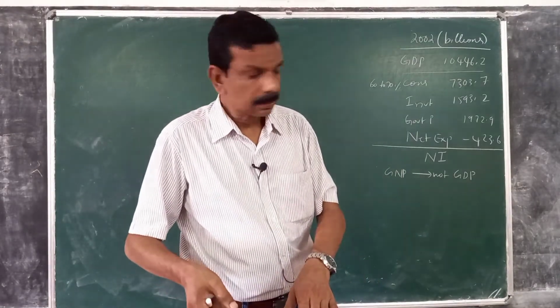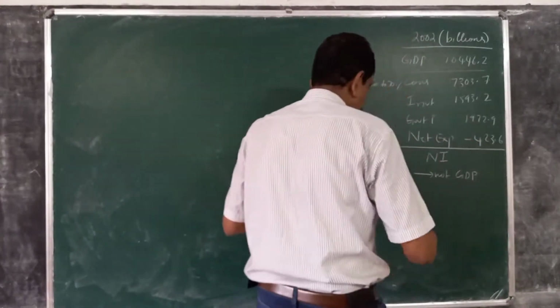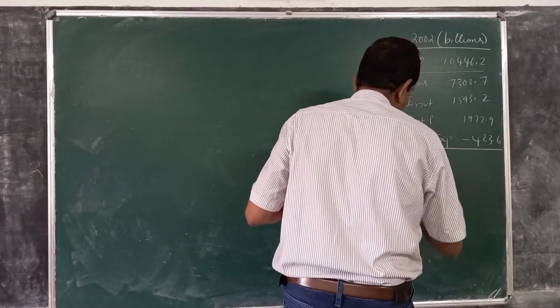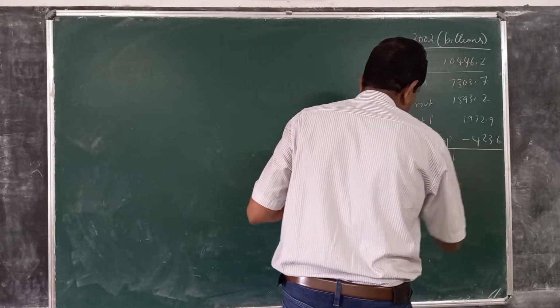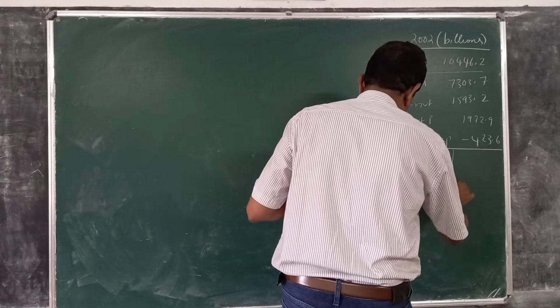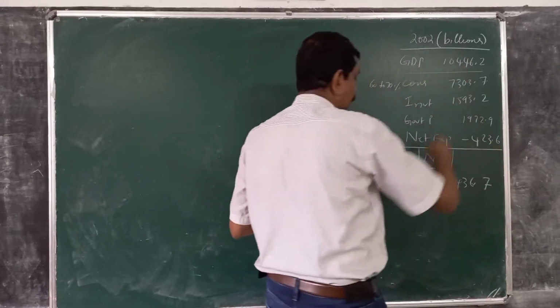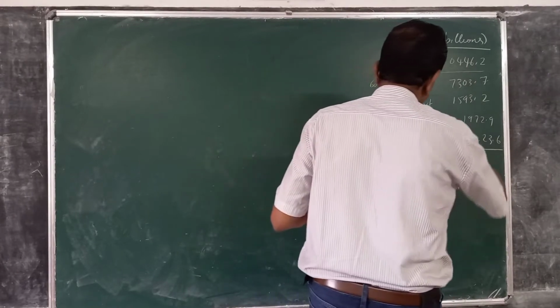Now, this is GDP. Now, what is GNP is national income. For the US economy, GNP is a little less than GDP.